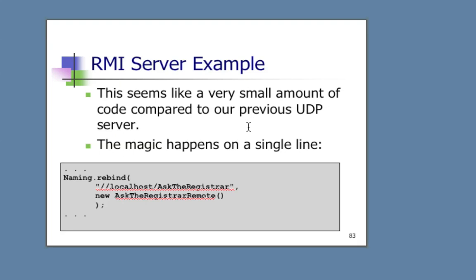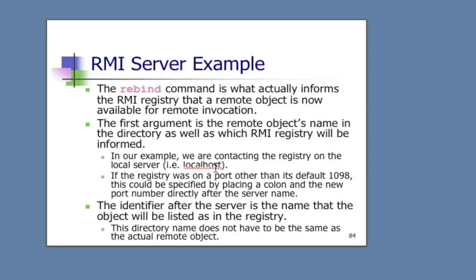The magic happens in the single line right here. The Naming.rebind is going to bind the name to the localhost, AskTheRegister, and make a new object of AskTheRegisterRemotes, in terms of what the server is doing, and that was in the code I just showed you a few minutes ago.